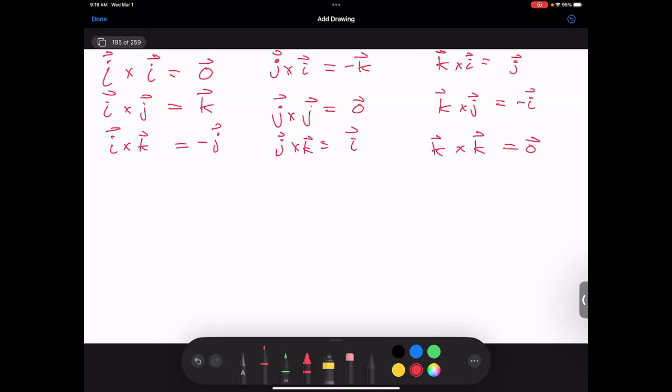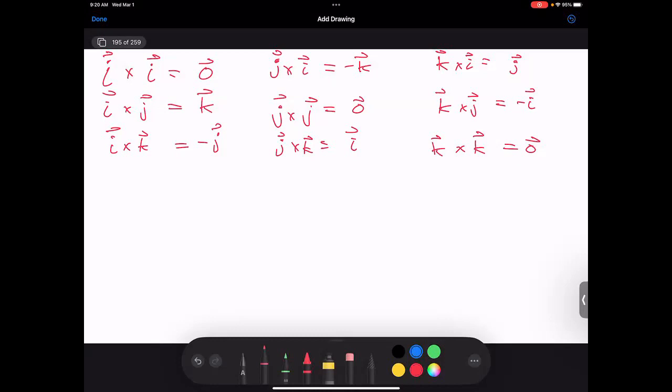I could go another route. I could start off with this as my definition of the cross product of these fundamental directions. And then I'm going to define the cross product using the distributive law and just show that everything works out.